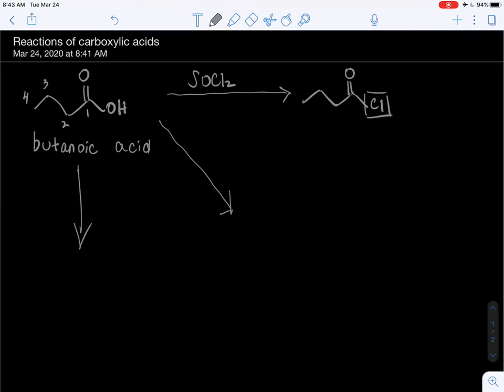And we call this functional group an acid chloride. We would name this based on the carboxylic acid. So this is butanoic acid, and we would name this butanoyl chloride. So you remove the ic acid, and it becomes butan-o, okay?